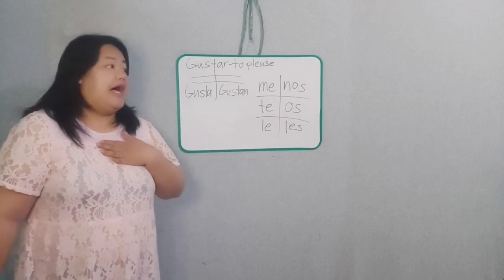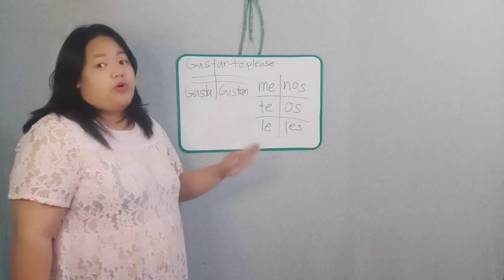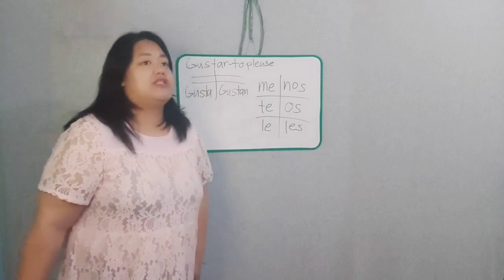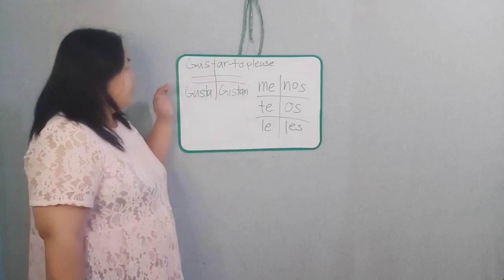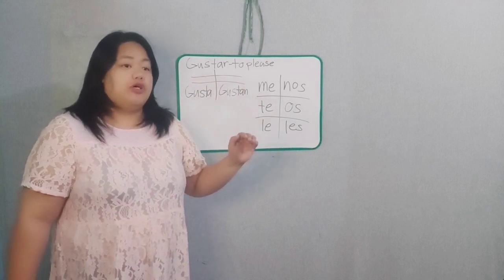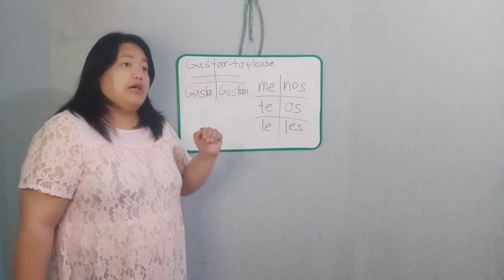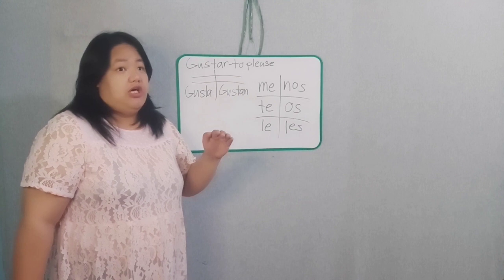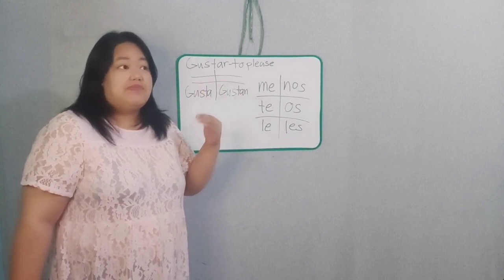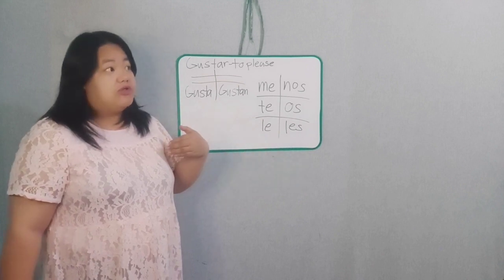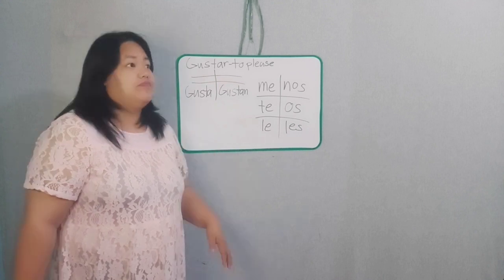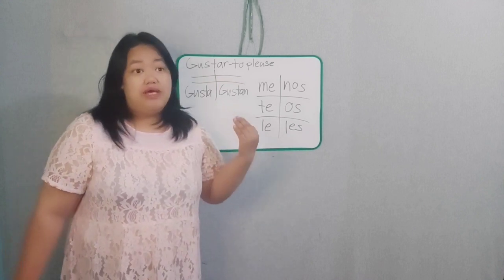Now, how do indirect pronouns work? Let's go to the gusta and gustan first. Now, if you notice, this is third person. On the third person, you would also say he, she, and then the word it. Since in Spanish it's backwards, the beef is doing the action.